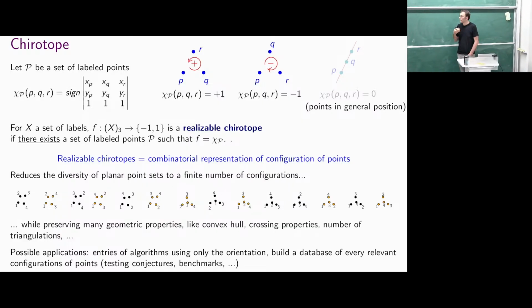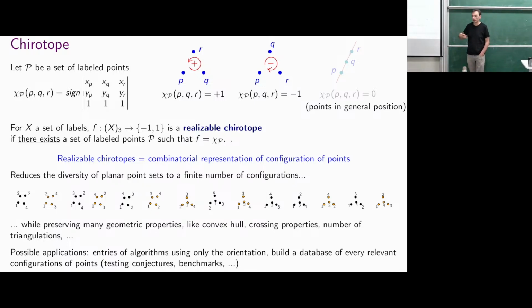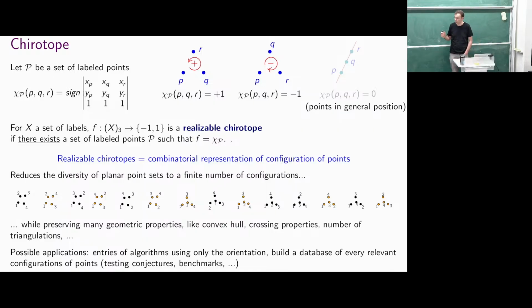One idea is that once you have a list of all possible chirotopes of a certain size, you can just examine every single one of them in turn, and you can therefore establish, by looking at them, certain properties of all sets of that size. And so this is convenient if you, for example, want to test a conjecture that depends only on orientation. It's convenient if you want to test some implementation of an algorithm.